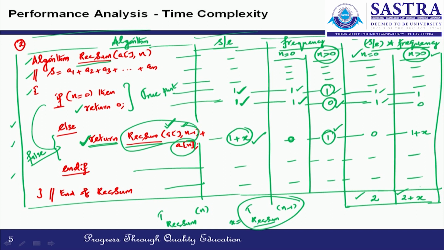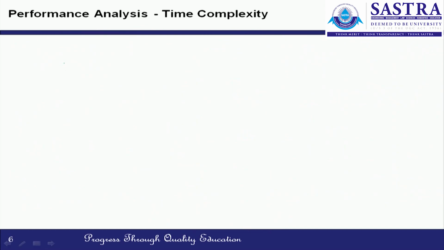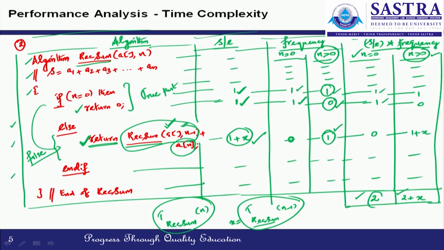So, writing the value of 2 and 2 plus x with the time complexity notation, T recursive sum of n, we have T recursive sum of n equal to, what is the last column, 2, this is when n becomes 0.